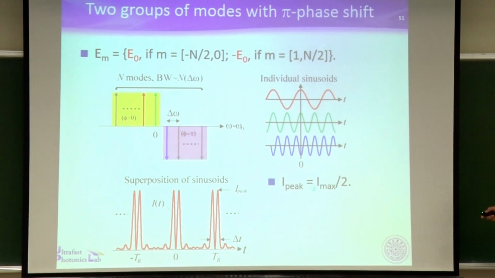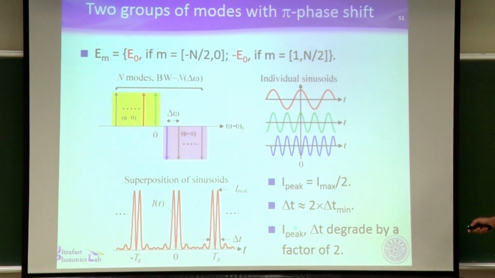Quantitatively, the peak intensity is only 50% of the best case, the previous case. So the height is not as tall as the previous one. And the pulse width also increases by a factor of 2 compared with the best case. Okay?